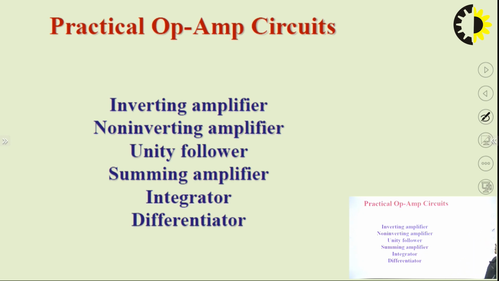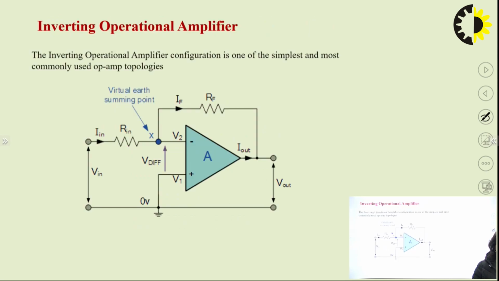Now we will see other practical op-amp circuits, that is non-inverting amplifier, unity follower, adder, difference amplifier, integrator and differentiator. We have already seen this circuit, that is the inverting op-amp. Here the positive terminal is grounded, and the input is applied to the negative terminal. Rn and Rf are used as resistances.